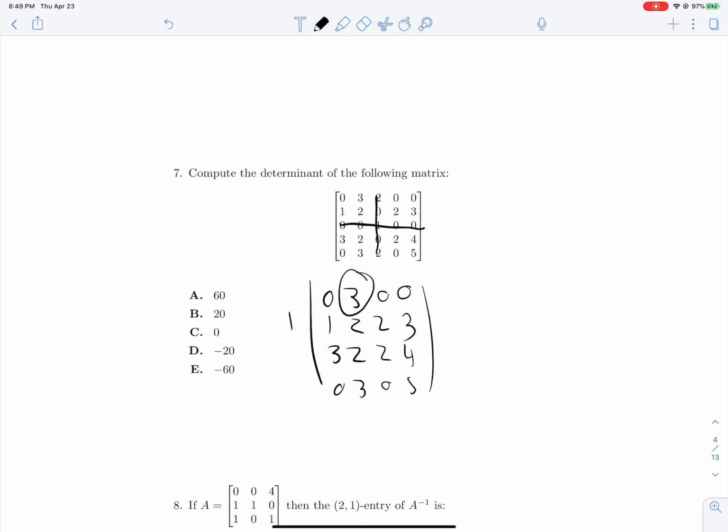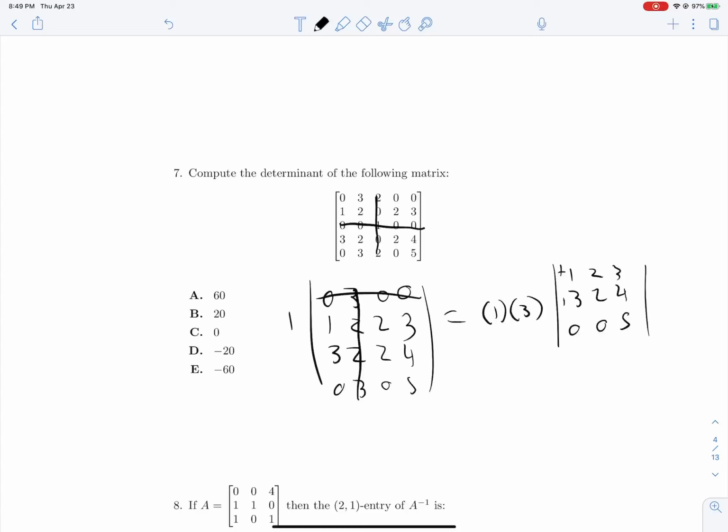Now you'll see that there's a 3 in a row by itself, so plus minus, we can take out a negative 3 and multiply by the determinant of this matrix. So now we have 1 times 3 multiplied by this 3 by 3 determinant, 1, 2, 3, 3, 2, 4, 0, 0, 5. Oh, look at that.